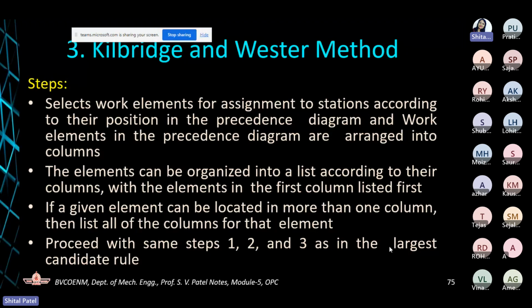Now this per unit time can be a year, a month, a week, an hour, a minute, a second. Per unit time, whatever time you are going to follow. So here yearly we are going to satisfy the demand of 1 lakh units. In the data it has been mentioned that out of 52 weeks, how many weeks are they going to work? 50 weeks are going to be working.